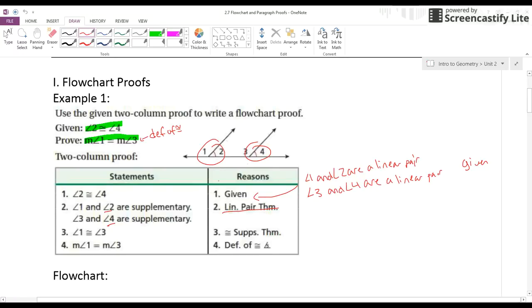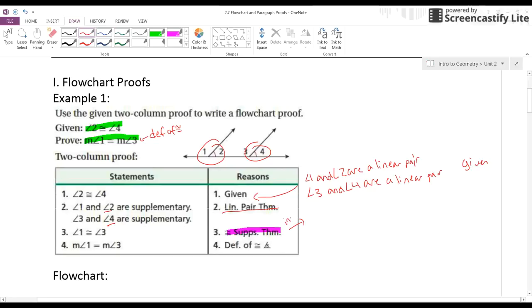Now, if you don't remember this congruent supplements theorem, and to be very honest, I never do, instead of doing this, what you can always do is break this apart and use the definition of supplementary.